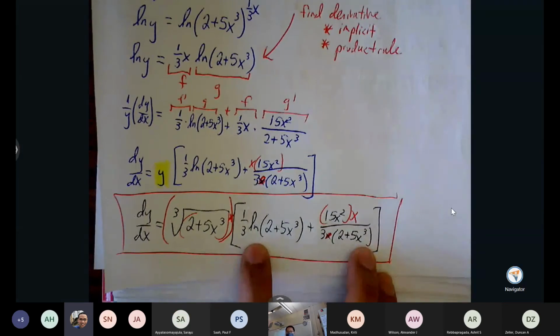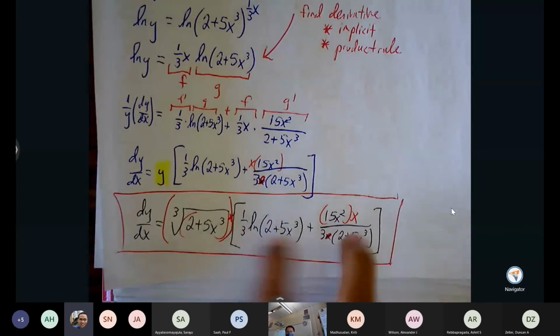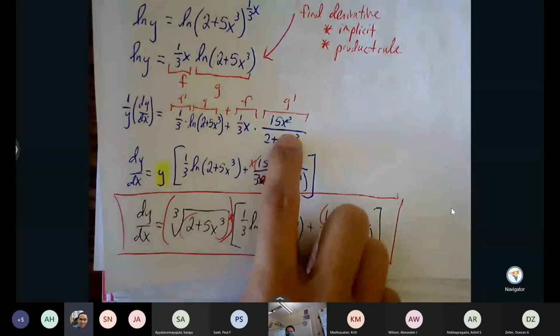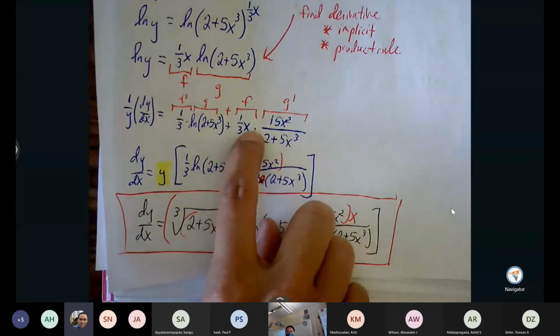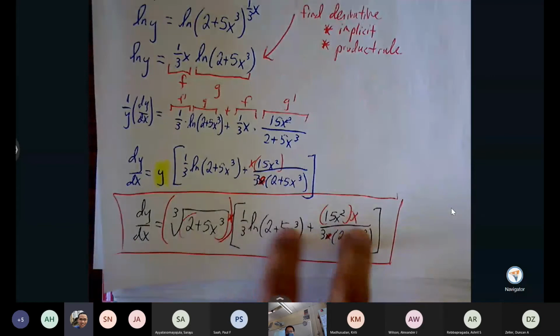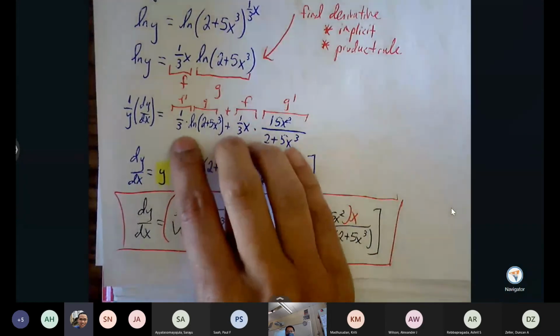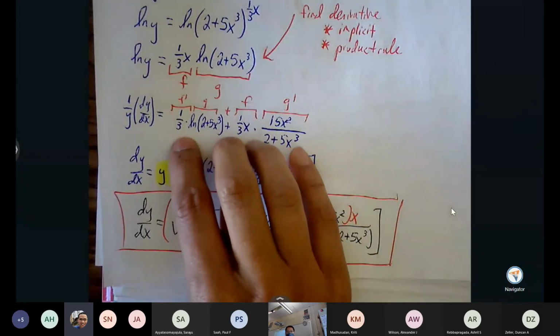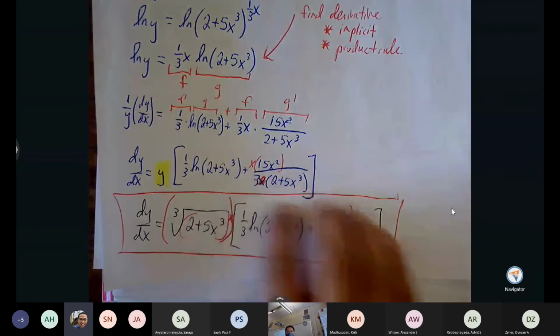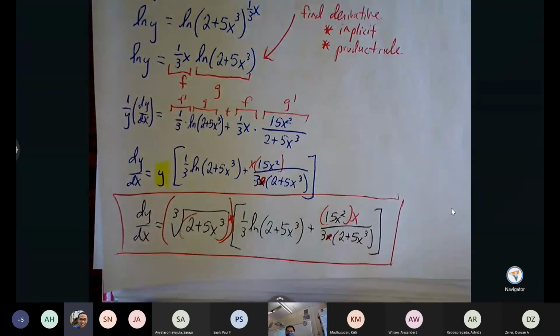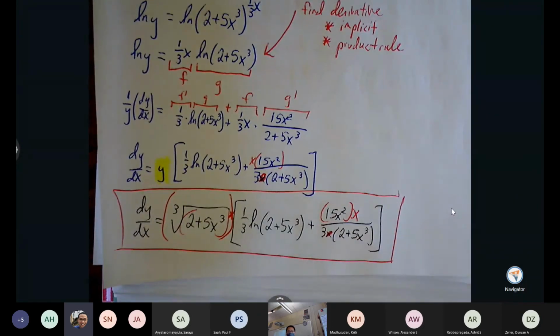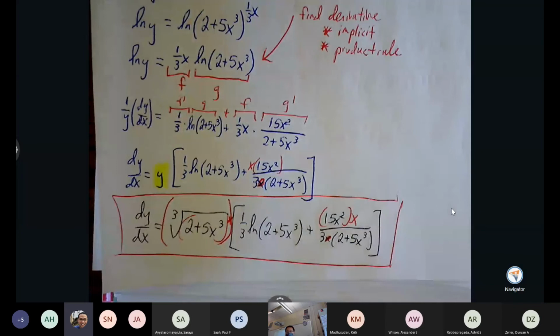Yeah, sorry about those mistakes. So there should be an x here, and then the x from here should be in the numerator, not the denominator. But if you want to leave all that in this form, you can. There's no need to go as far as I did, or you can go even further if you wanted to. Okay, anything else?